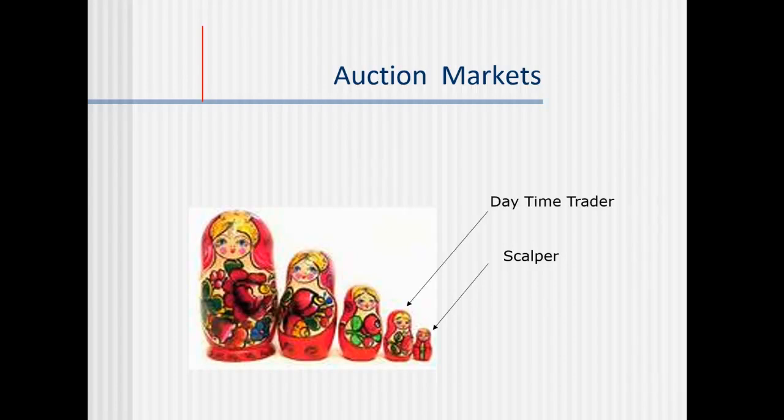Now, right after the scalpers, we have what we call daytime traders. Daytime traders are traders that participate for the duration of the day session. In the US, if they are in Europe, it'll be the European session. But they are daytime traders. And these traders are unlike scalpers in that they may hold their position for several hours or an hour.